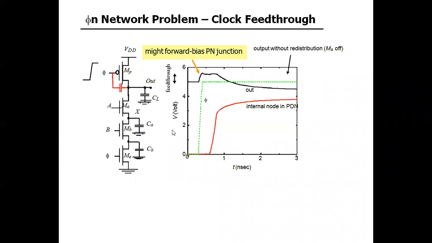So this is the feedthrough concept. Here it is V in volts and time in seconds. So basically this is the forward bias of a PN junction diode. This is the output, and this is the output without redistribution. That means this MA is off, and these are the internal nodes in the PDN. So it is clock feedthrough. That means the clock gets fed back to the main precharge PMOS of the PDN network, right?